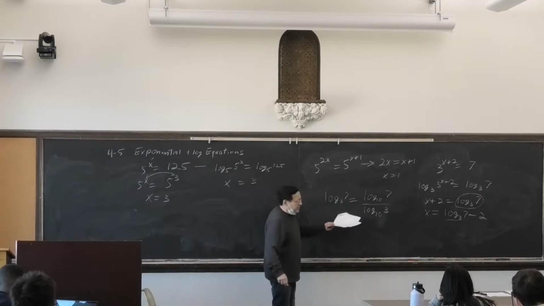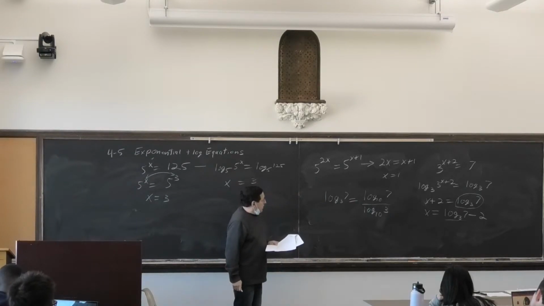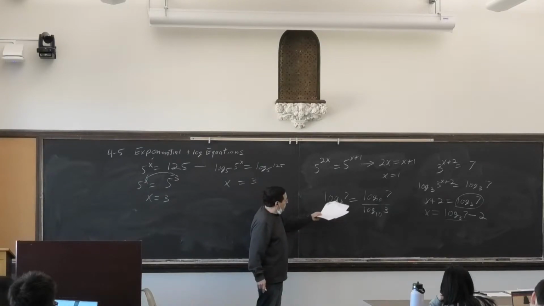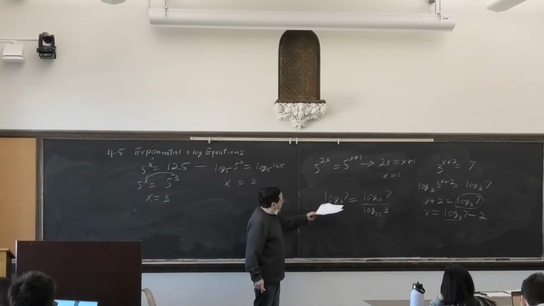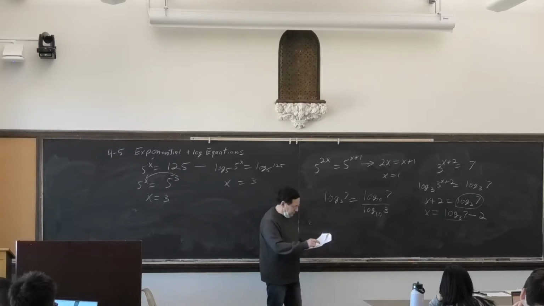That's that nice change of base formula that's useful. It's too bad calculators don't come with that built in. You can raise any value to a power, but you can't find any arbitrary log, but you can use this formula.